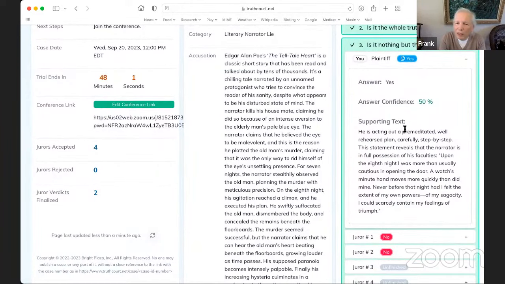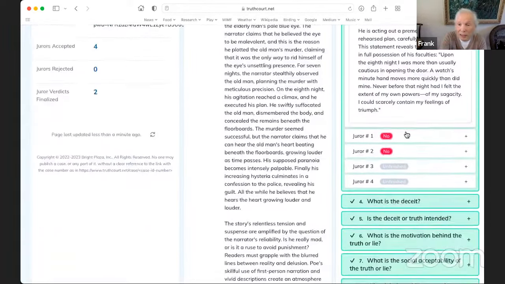A watch's minute hand moves more quickly than did mine. Never before that night had I felt the extent of my own powers and my sagacity. I could scarcely contain my feelings of triumph." Doesn't sound particularly mad. Sounds like he's moving through a plan that has been premeditated.